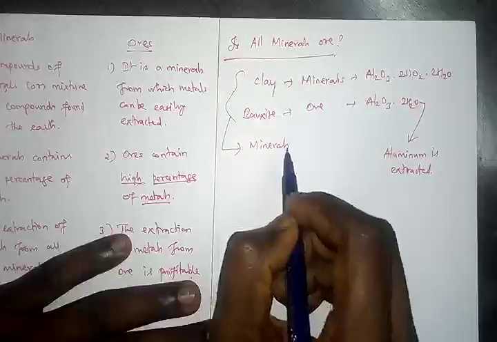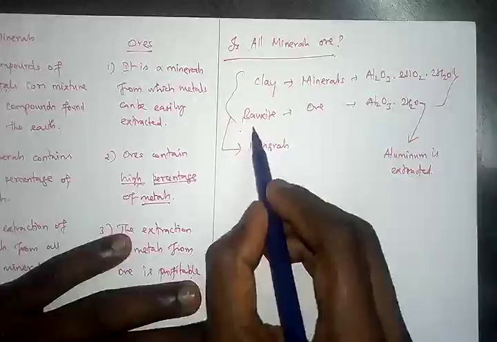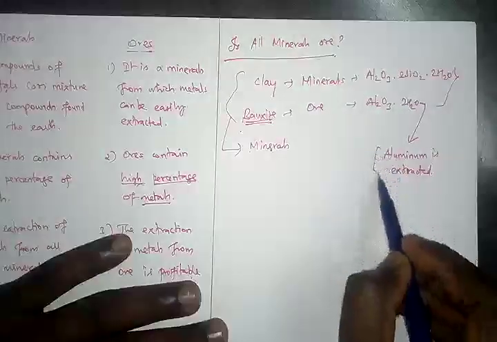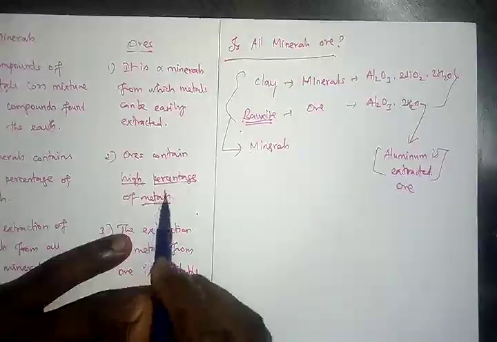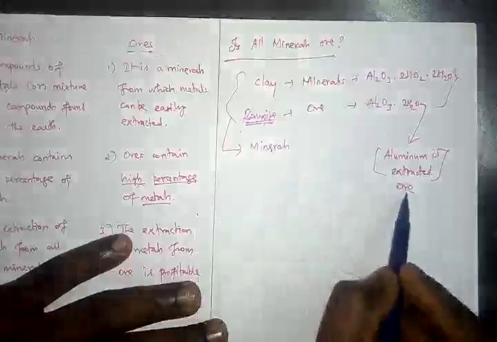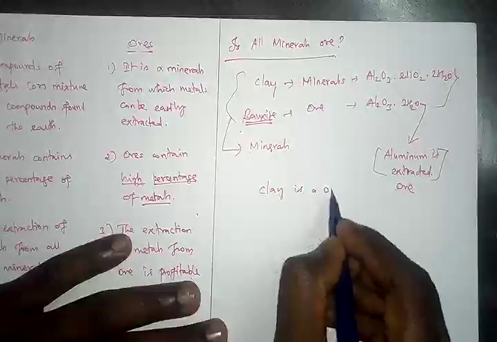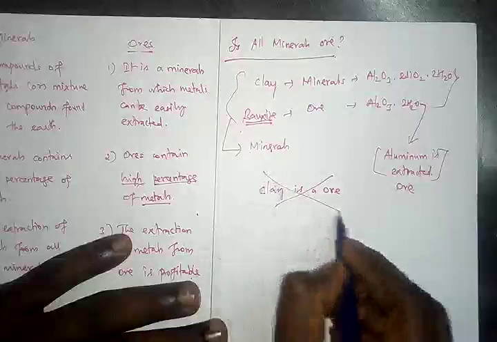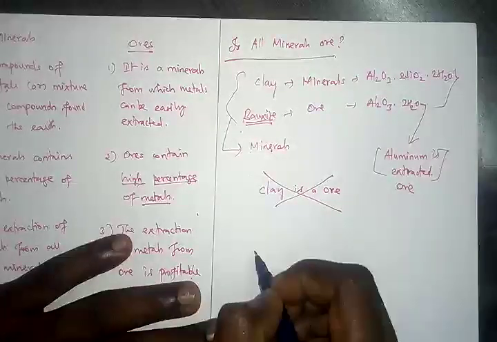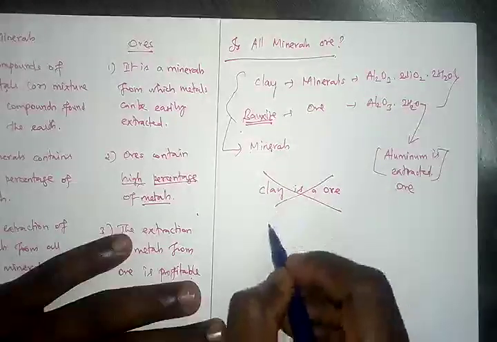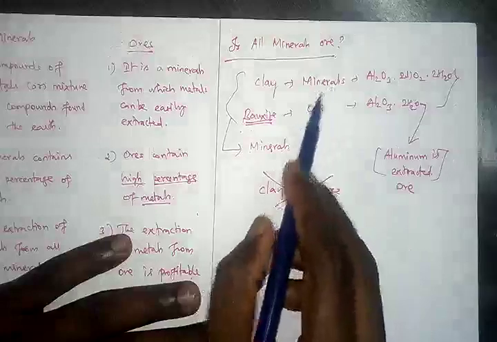How do I want to answer? Both are called minerals, but bauxite alone is called an ore. Can I call clay an ore? No, because we cannot extract aluminium. So clay is not an ore.